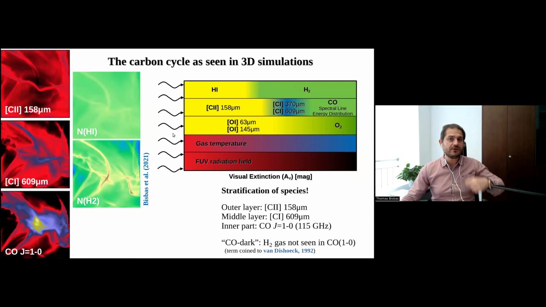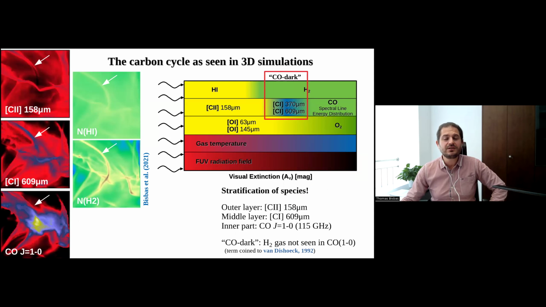What I would like now to focus on is the CO dark molecular gas. So as you know, the information that we get from molecular gas comes from the emission of CO, especially CO 1 to 0. However, there is a part in the transition between the atomic and molecular gas where CO has not formed yet, or it's not emitting strongly enough to be captured with radio telescopes.